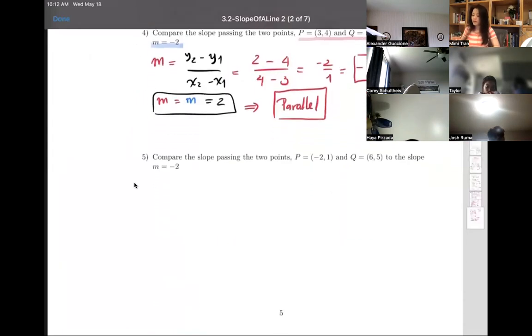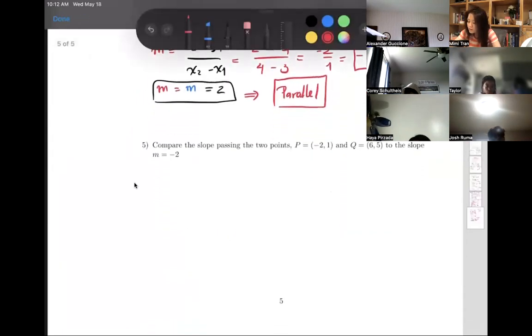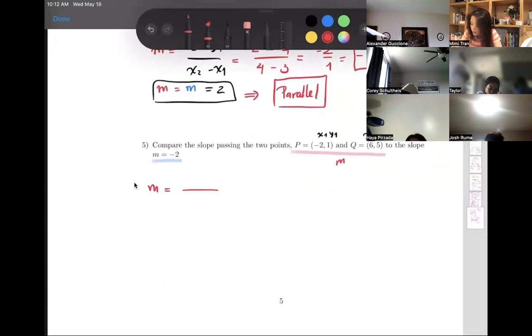Okay, all right. So let's compare the blue one with the red one. So M equals, with x1, y1, x2, y2, I'm going to use parentheses so I don't make a mistake. When I see a negative number, I use parentheses.